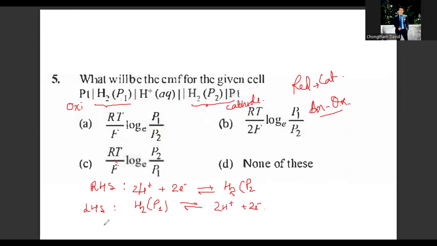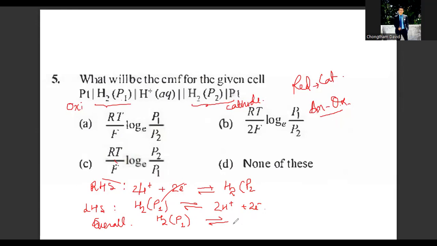So overall reaction, you can find out what the overall reaction is. You can easily cancel these electrons later on. I have to erase this, it's becoming quite big.